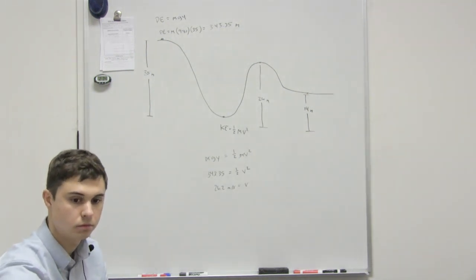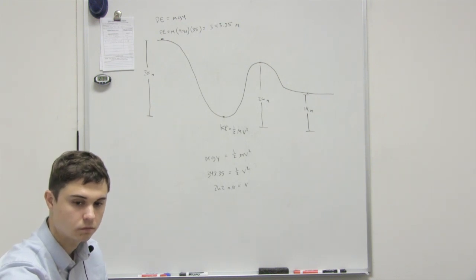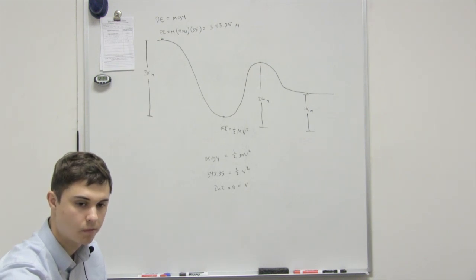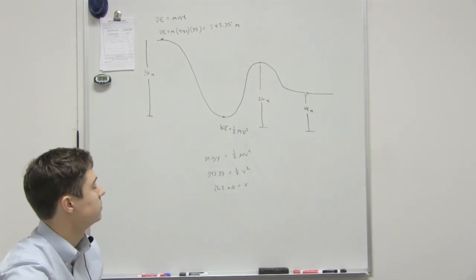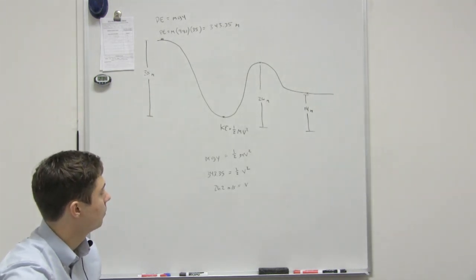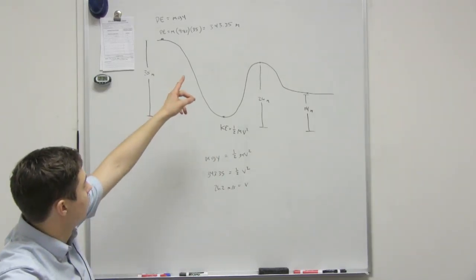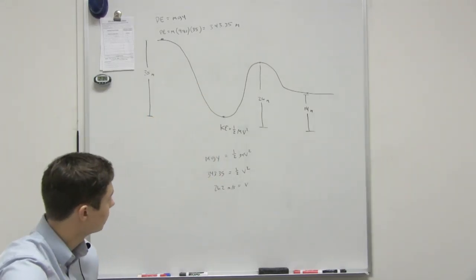Okay, then at point 3. So point 3 is right there at 26 meters, where it's mixed, but mostly potential. Now we know we still have the same total amount of energy, that 343.35 M number.